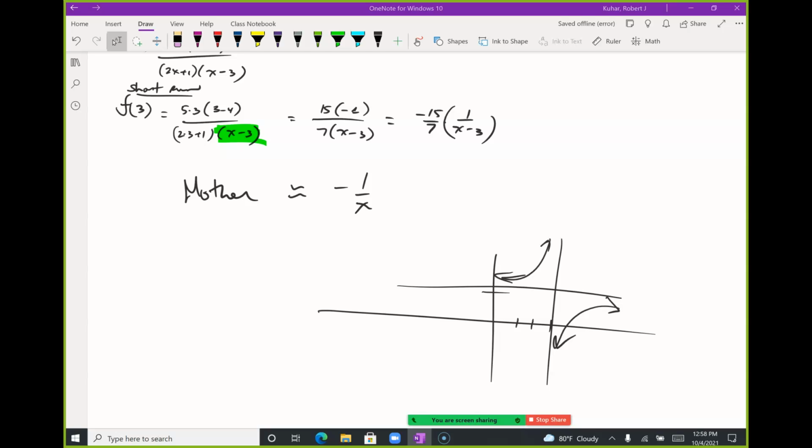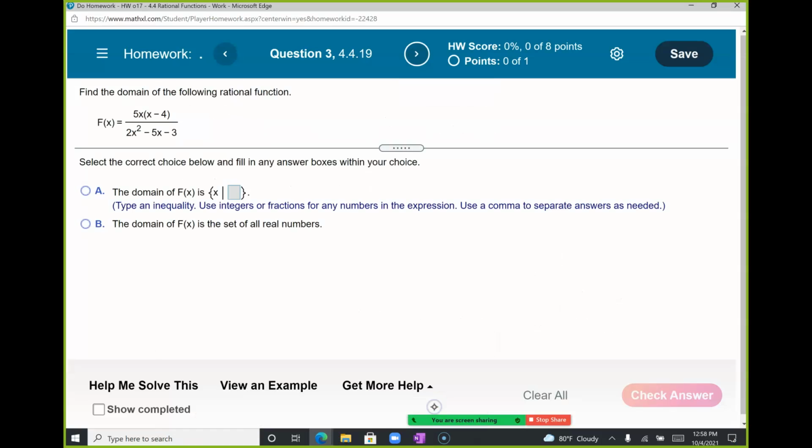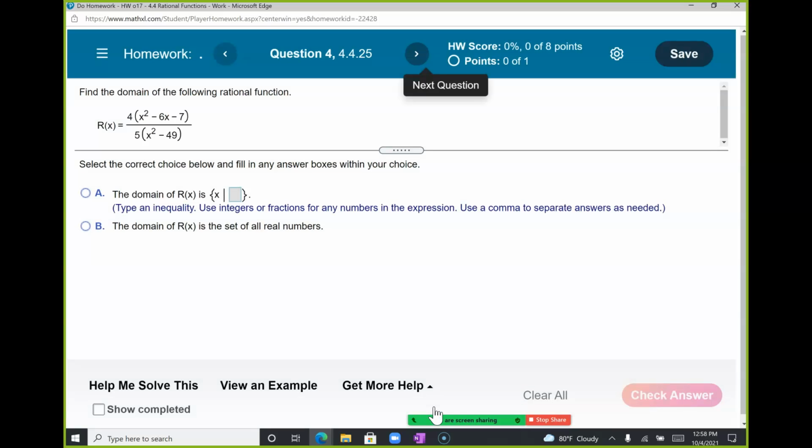All right, let's do another one here. So here we go. This is number 4, and believe it or not, I'm doing everything from 2 sections here. All they're asking me here is what's the domain, and then I'm doing everything.